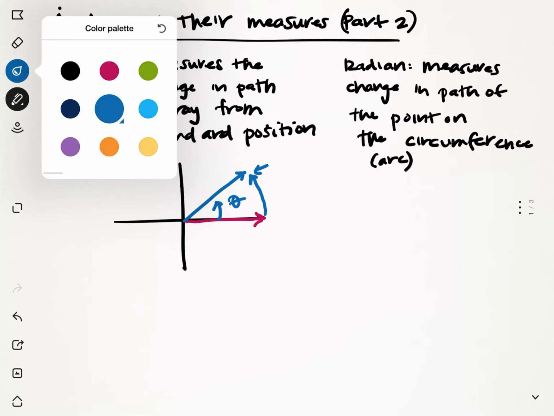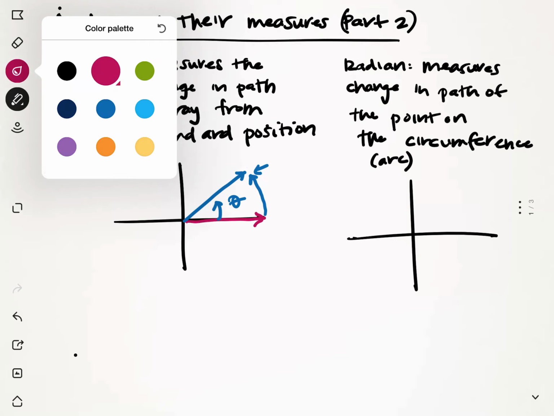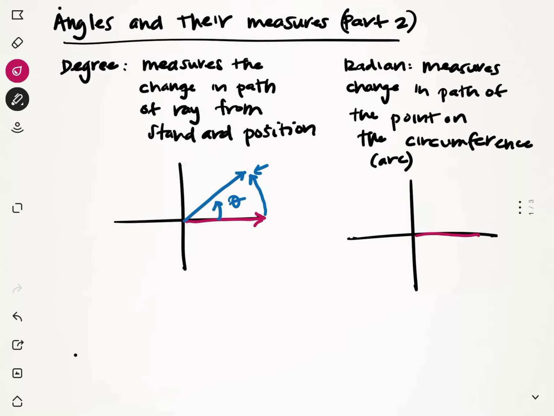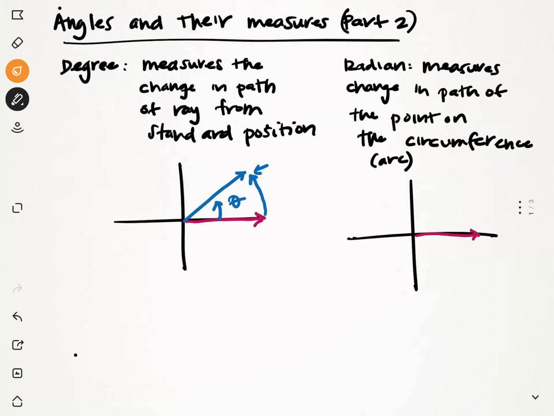Now, radian measure also measures an angle, but it measures the angle from a different perspective. So we're still starting off in standard position. But this time, we're thinking about if the tip of this arrow was a point, and we rotated this thing all the way around here.